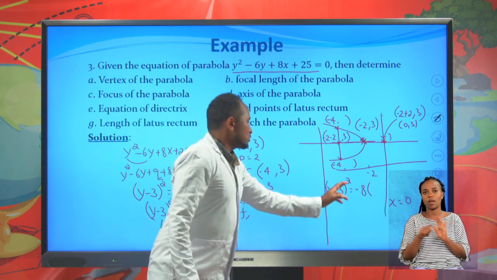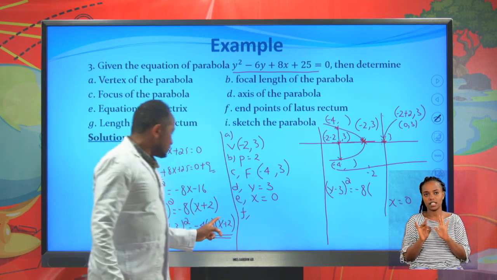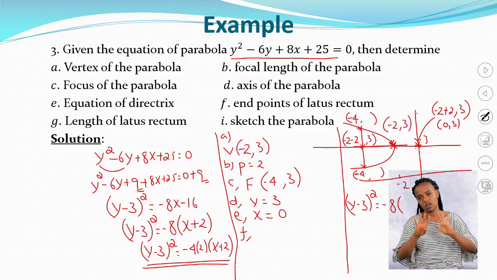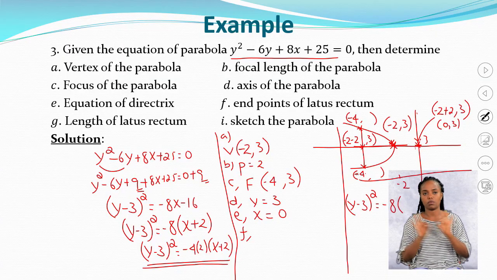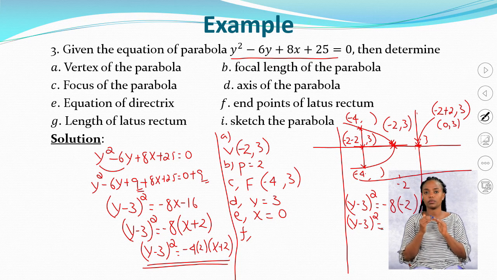y minus 3 whole squared is equal to negative 8 times, we put negative 4 in place of x, negative 4 plus 2 is minus 2. You have minus 2 here. Therefore y minus 3 the whole squared is equal to 16. When you multiply it, you get 16.